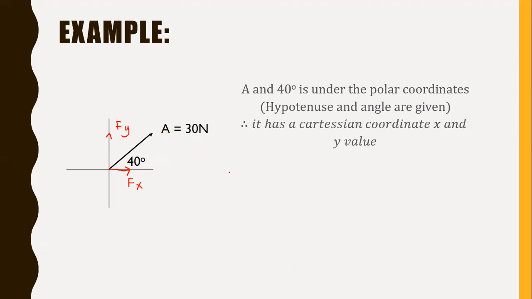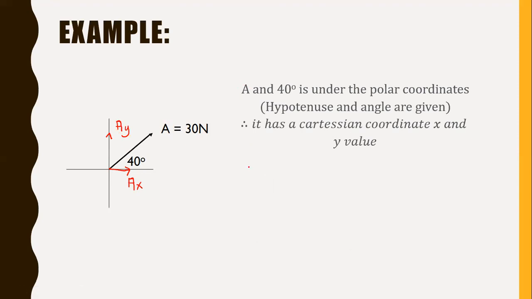Using this formula, what if the requirement is your Fx or Fy? Since it is vector A, let us use ax and ay. Now, the requirement is to find the Cartesian coordinates, your x and y.